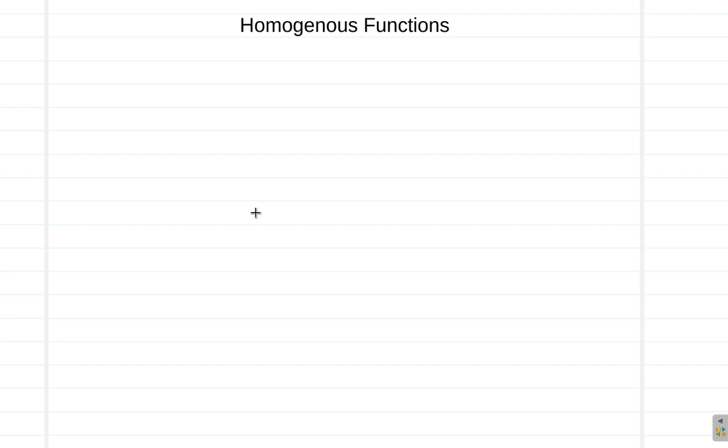Now let's look at it in the context of the homogeneous function.